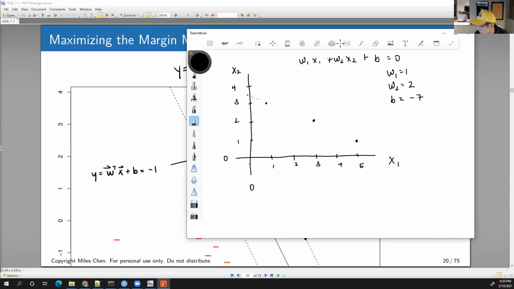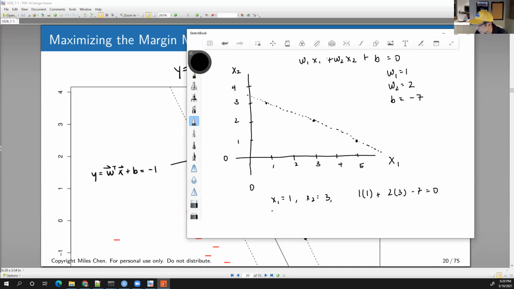And I think we will get, basically, this is going to be our boundary here, right? So if X1 equals 1 and X2 equals 3, if I plug in 1 times 1 plus 2 times 3 minus 7, that should equal 0, right?